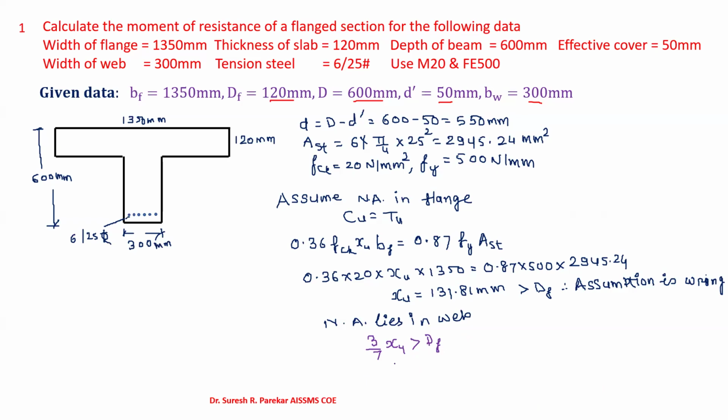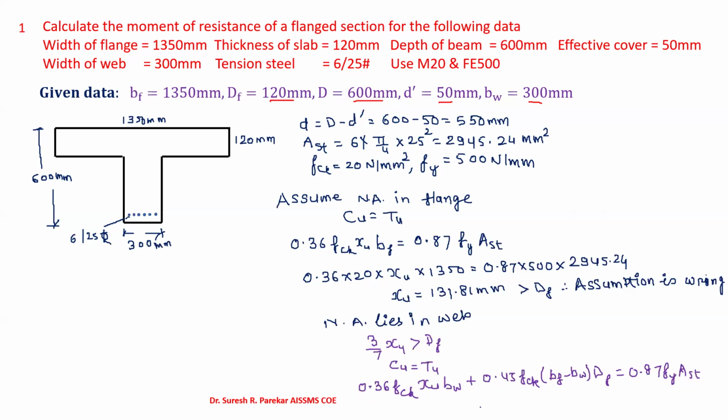And then if we use Cu equal to Tu, then we have the formula 0.36 fck xu bw plus the stress 0.45 fck, area bf minus bw into depth Df, which is equal to 0.87 fy Ast.